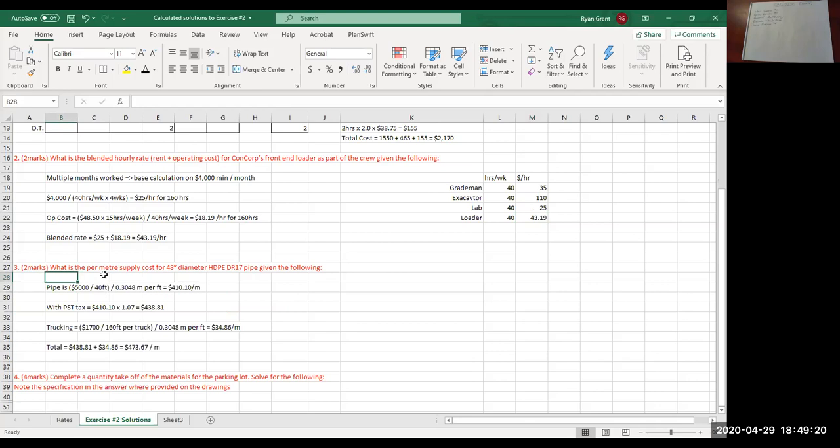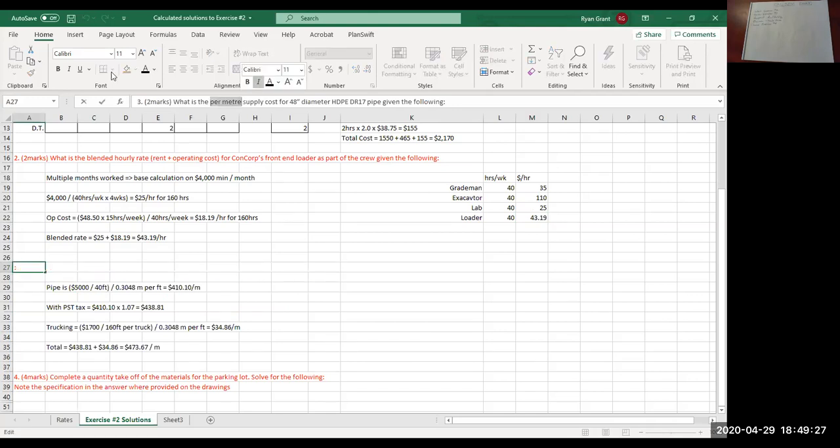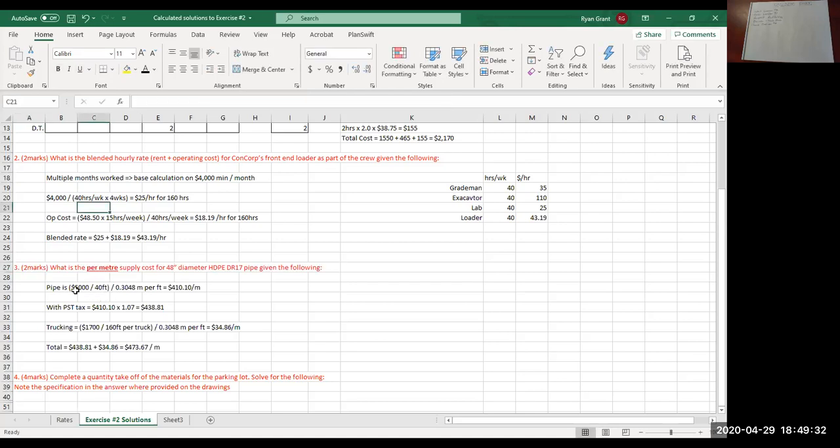We're looking for the per meter cost. So 5,000 divided by 40 feet gives us $1 per foot. Then we need to convert it into meters. If we divide again by 0.3048, that's meters per foot, we get a subtotal of $410.10 per meter. That's just to buy it.